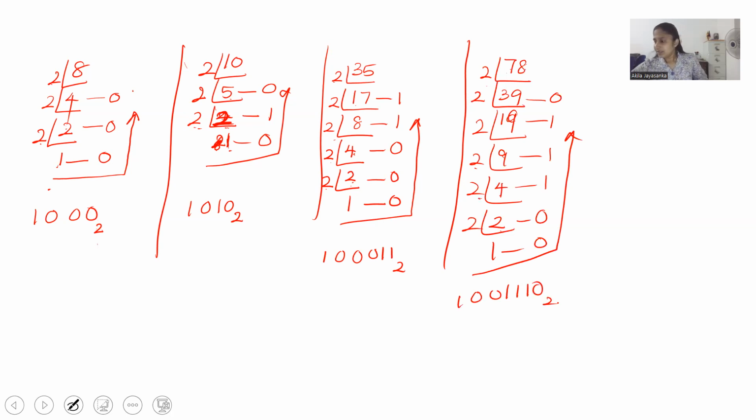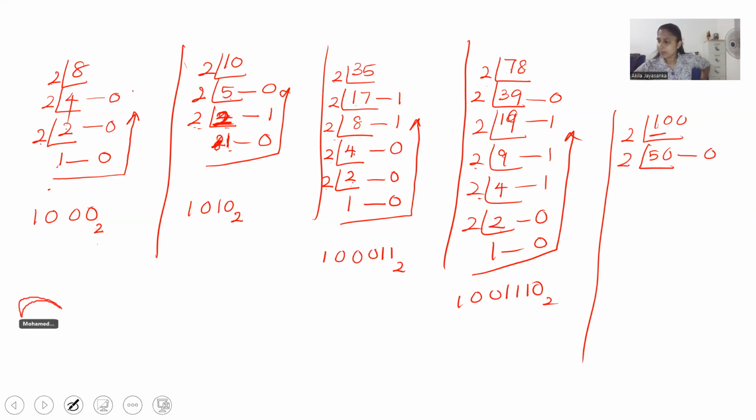The last one is 100, I think. Right? Yes, ma'am. Okay. We can divide it by 2. 10. There is no any value for 1. We can consider these two numbers. 10 we can represent by 5. 0. There is no any value. Remaining value is 0. 50 we can represent by 25. Remaining value is 0.